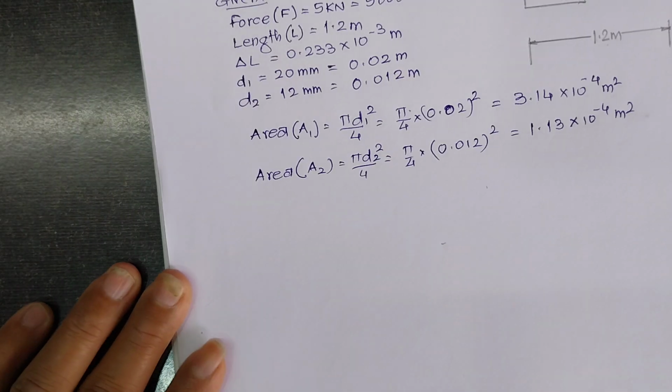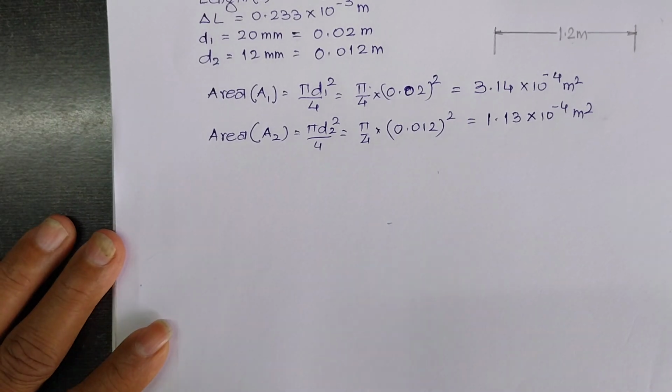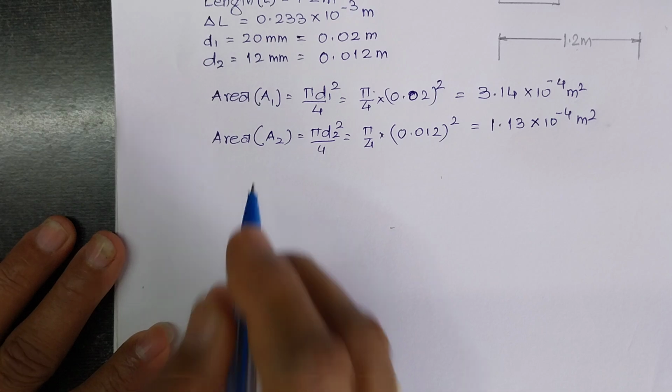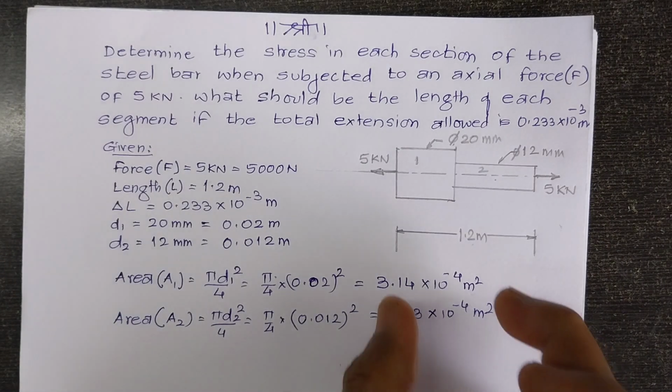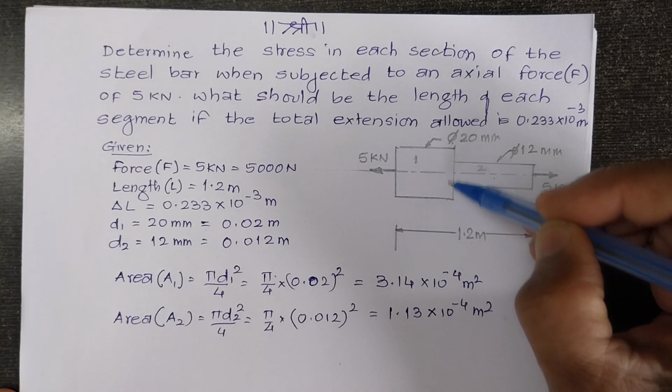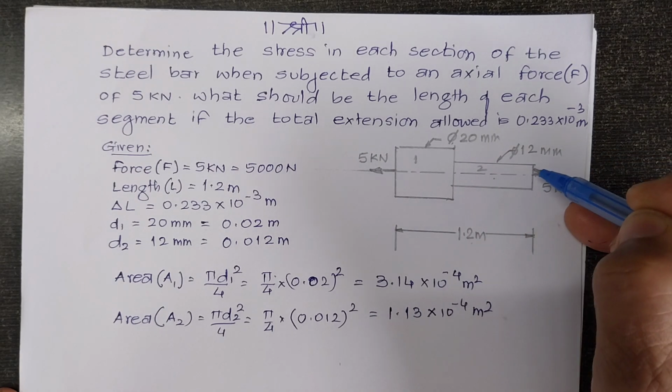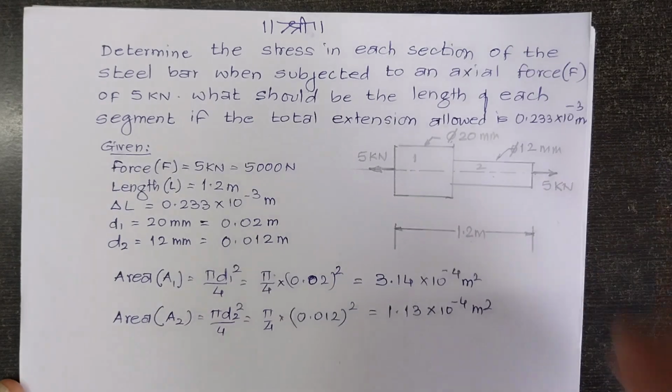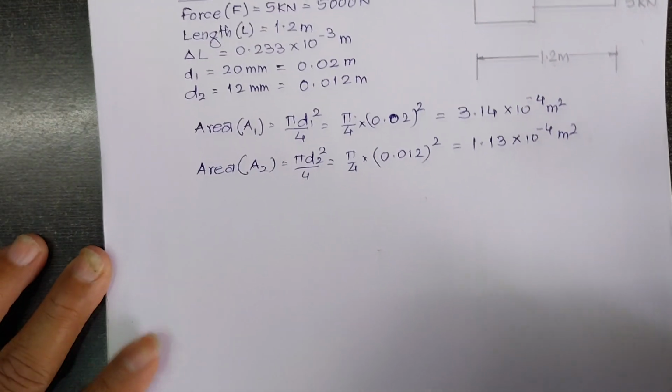Once we have the areas, we are now good to calculate the stress. So the stress for the segment 1: this is larger cross sectional area and will have lesser stress, force divided by area, and this is smaller cross sectional area and therefore will give you a larger stress.